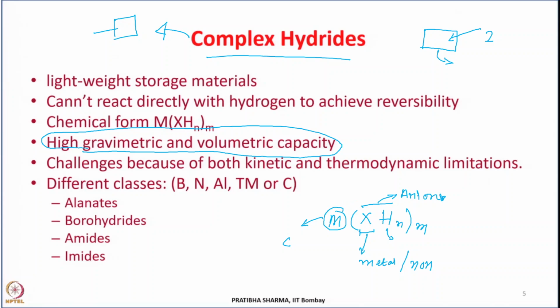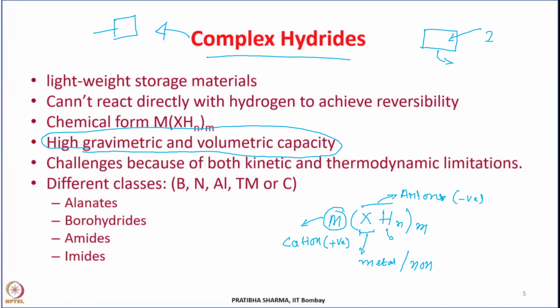What is the meaning of anion and cation? Anion means negative, and cation means positive or plus charge.